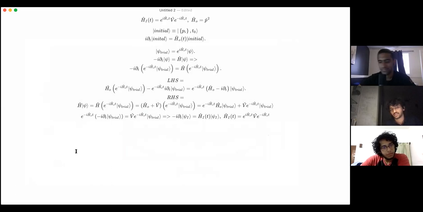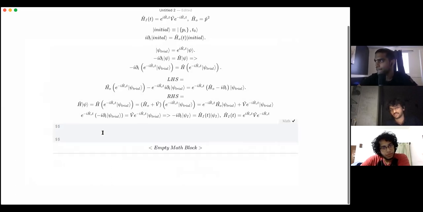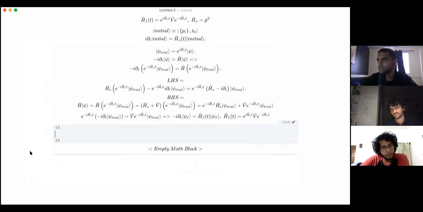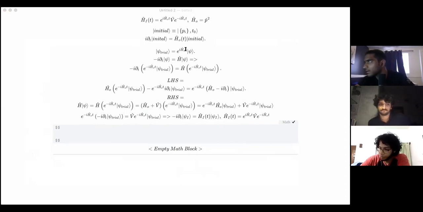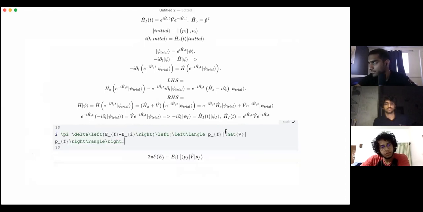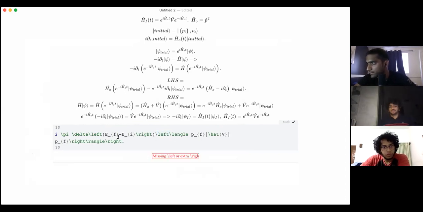So, okay, let's start a new block. I had some expression here. I'm just going to steal the LaTeX equivalent of it. Something like this. Where could this come from?